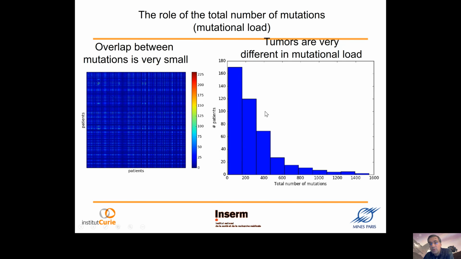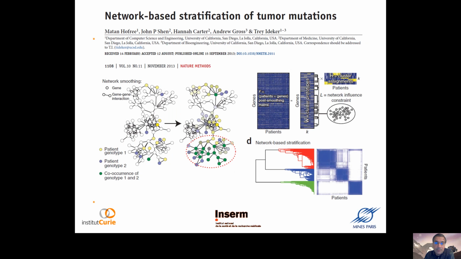This distribution follows more or less an exponential law, which means that our initial data is extremely heterogeneous, and probably we should first try to compensate for this heterogeneity and only after this apply machine learning methods.